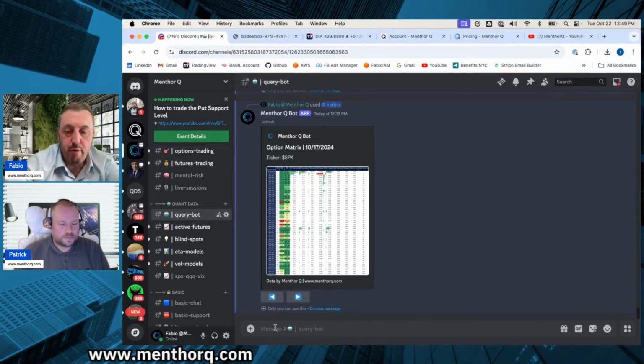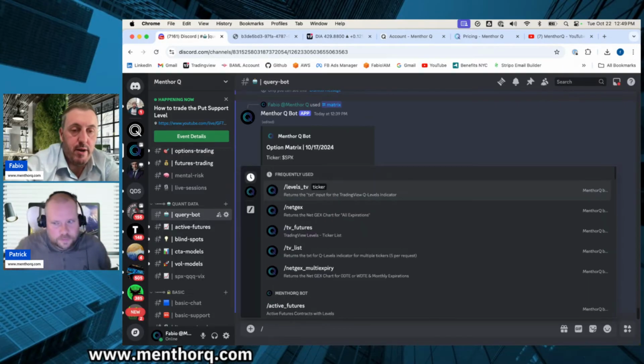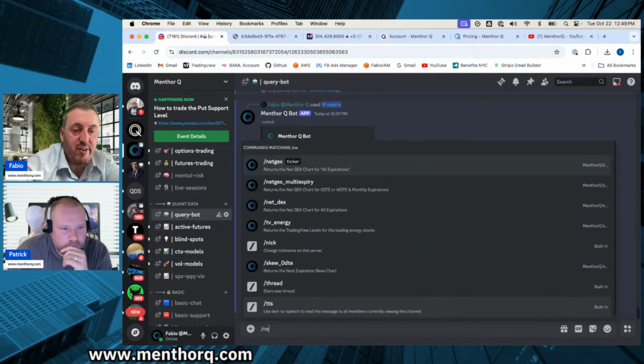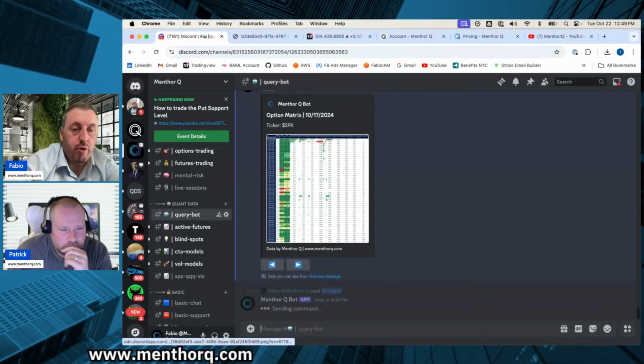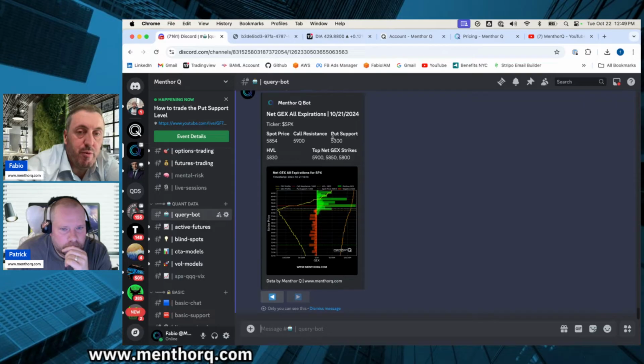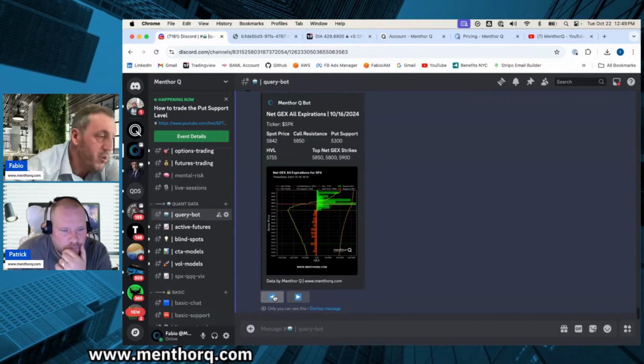If we look at, for example, our key levels or our NetGEX, here you have your put support right here. You want to see if day by day the put support is staying at the same level, or if it's going lower or higher, because that can be an indication of potential sentiment. If the put support is moving higher day by day, that means investors are choosing higher strikes for their hedges, so maybe they're not as bearish as they were a few days ago, and that could be a good sign for the market.